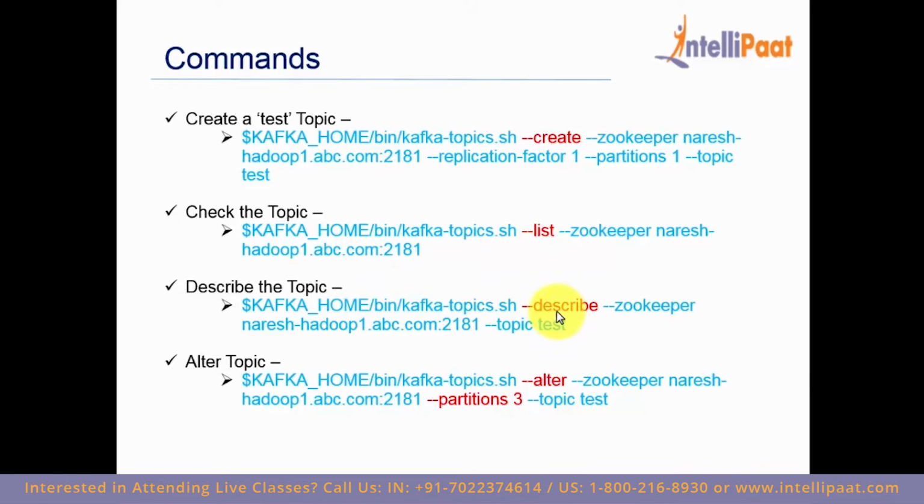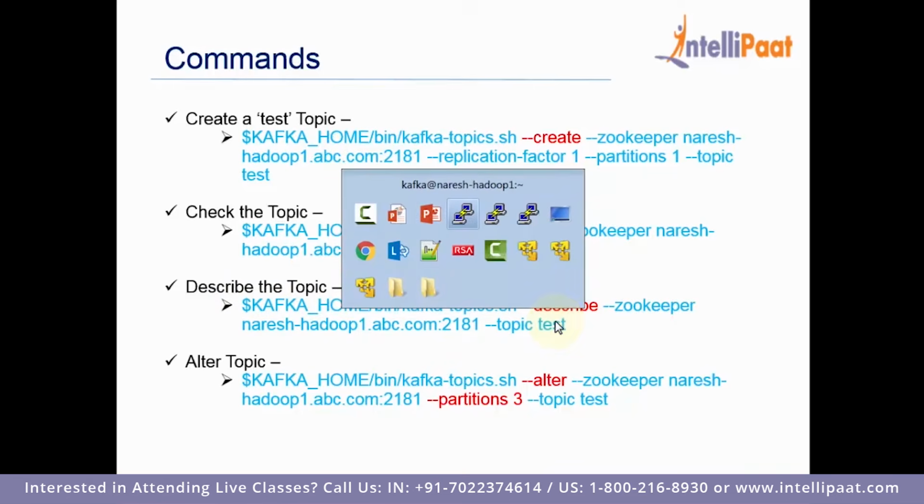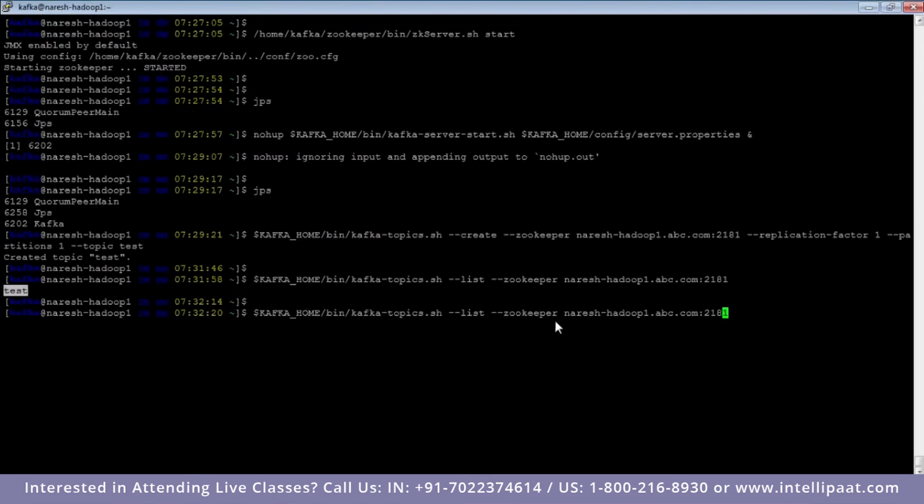Now the next command is to describe. I want to see how many partitions my topic has, what is the replication factor, and what are the configurations that are already set for my topic. For that you can simply run the describe command. Let us run this. --describe --topic name.